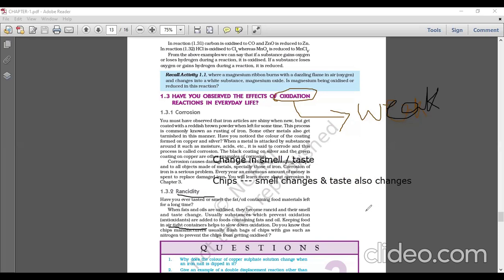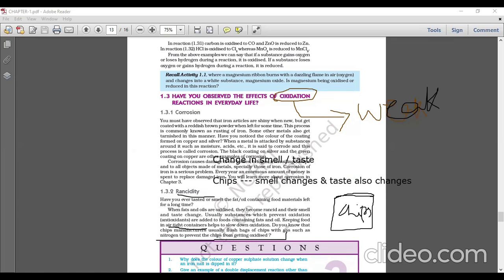Also chips and kurkure, which are made of potato and are oily packets. You might have seen the chips packet is filled with some air, some gas. That gas is called nitrogen. They use nitrogen gas. Why? Otherwise what will happen?